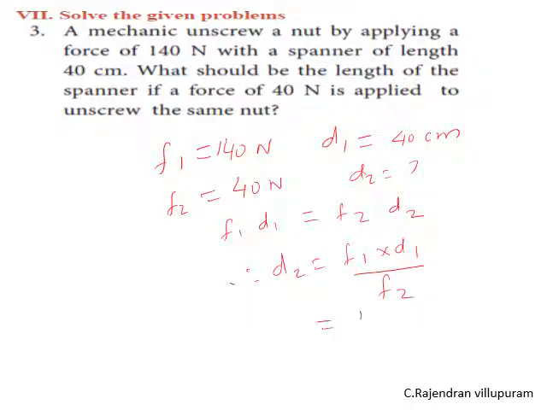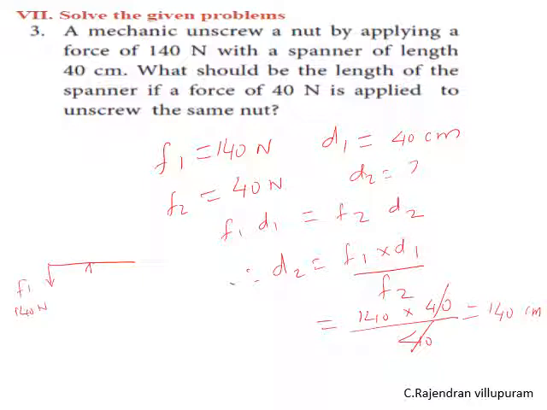What is the value of F1? 140. What is the value of D1? It is 40. And what is the value of F2? This is 40. We cancel each other, so that is equal to 140 centimeter. This is explained by the diagram here. This is the point of application, and this is the force F1 of 140 Newton.